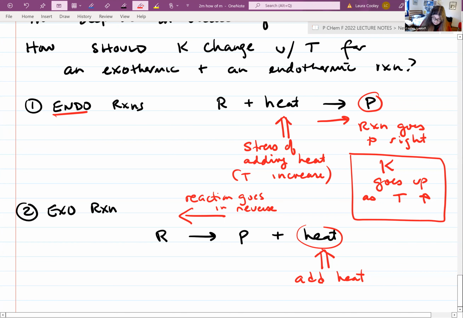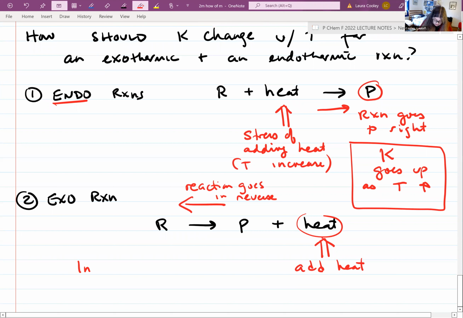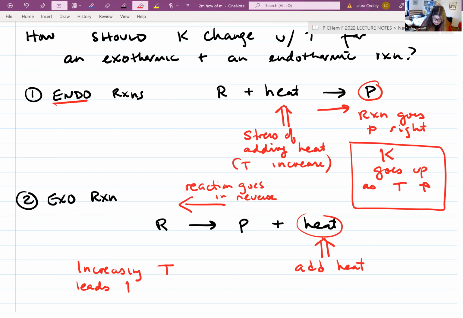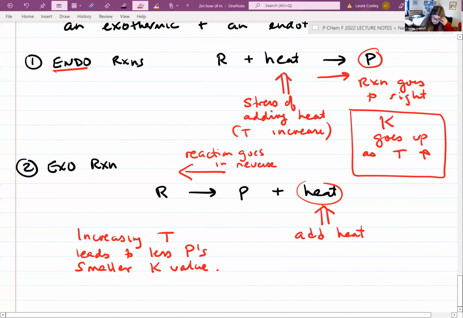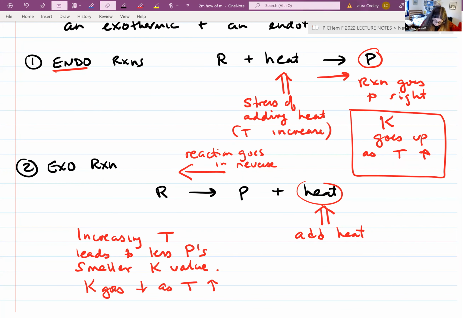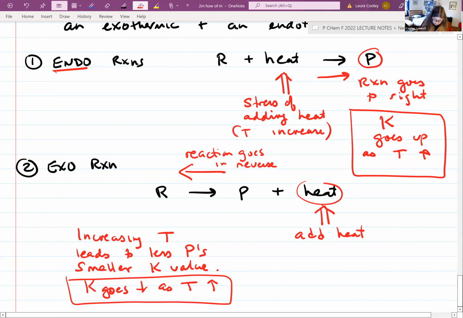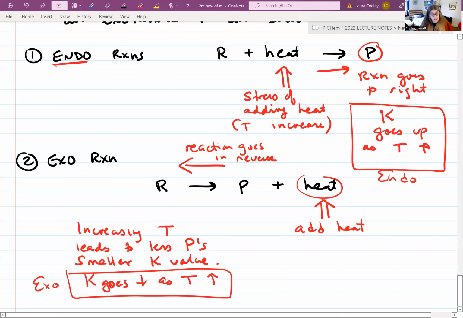So for an exothermic reaction, increasing T leads to less product, a smaller K value. So it's the opposite: K goes down as T goes up. Okay, that's what should happen.